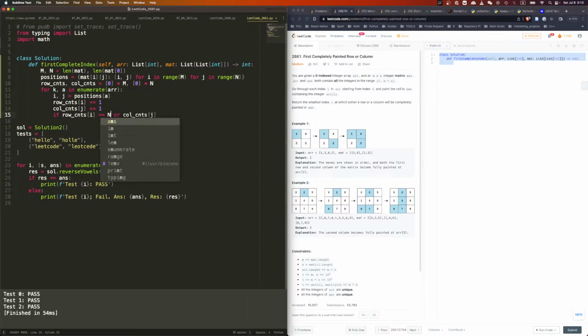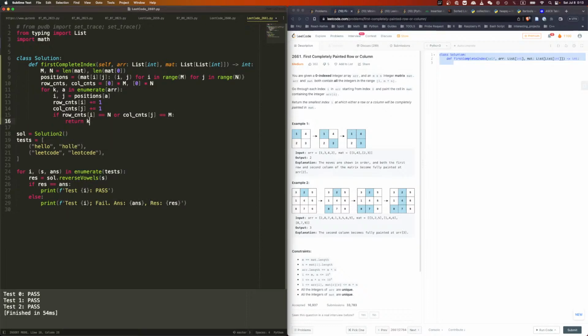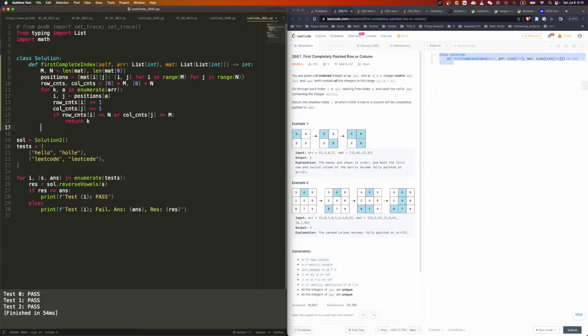On the row, we count how many values in the row have been painted, so it's n. This is m, right? When this happens, we'll return k. Otherwise, we will return k no matter what, so you don't have to worry.